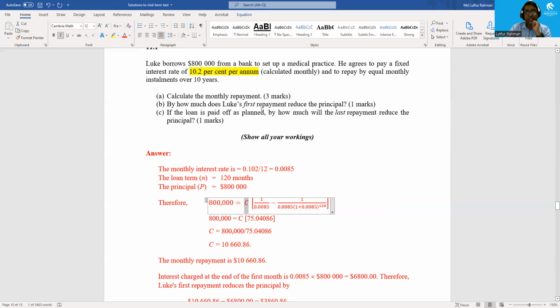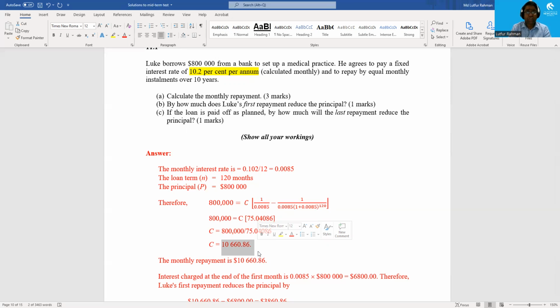So 1 divided by the monthly interest rate that we calculated earlier, and all of you know this is the present value interest factor of an annuity formula. 120 is the number of periods. If you solve for C, we find that it is 10,661. So that is the monthly installment.